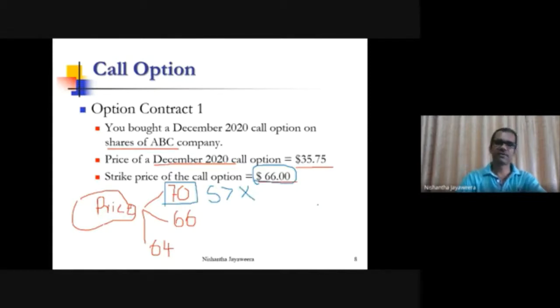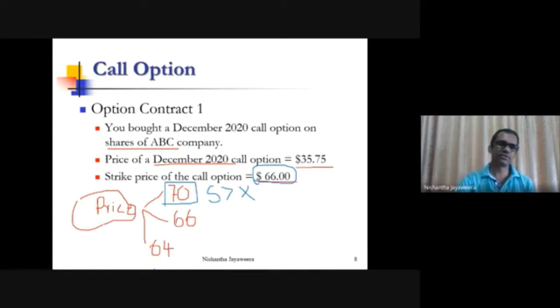So you have a gain there. So you exercise your right. You go to the seller of the option contract and say, I want to buy shares at $66. Number of shares depends on the number of options that you have bought. So you can buy shares. It is worth it for you to buy at 66 when the market is at 70.